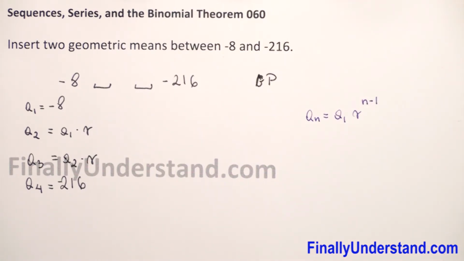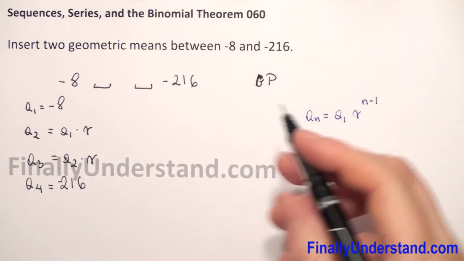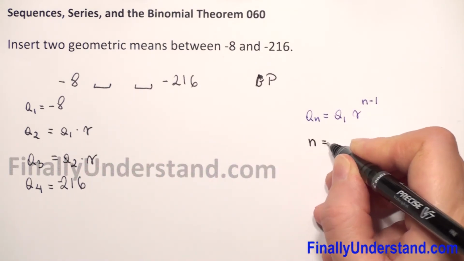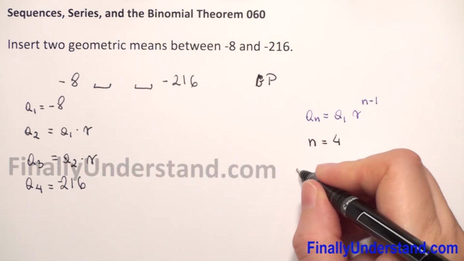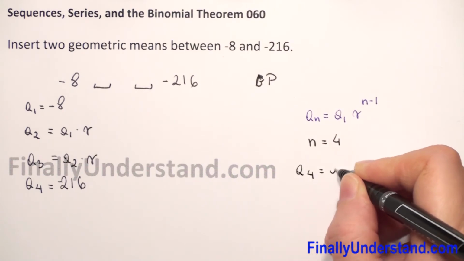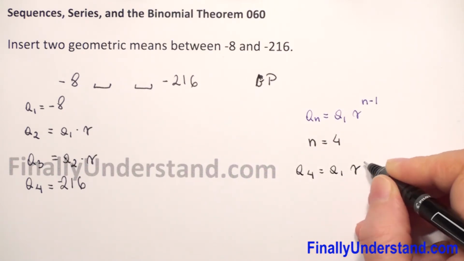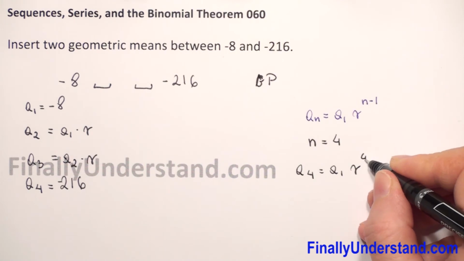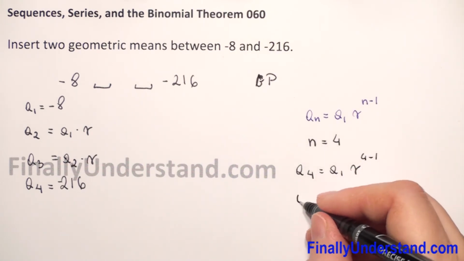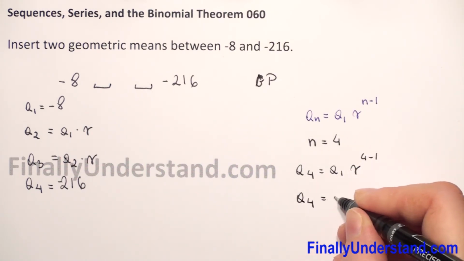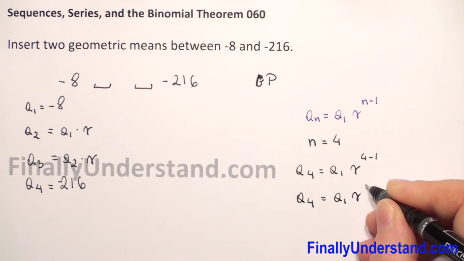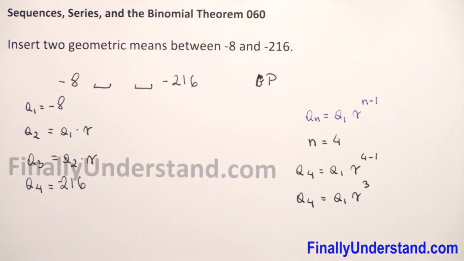Because we have A4, in our example n is equal to 4, so A4 is equal to A1 times r to the power 4 minus 1, so A4 is equal to A1 times r to the third power.